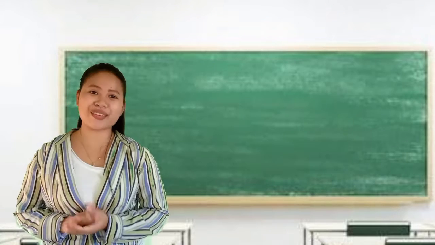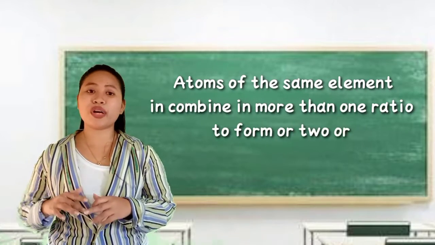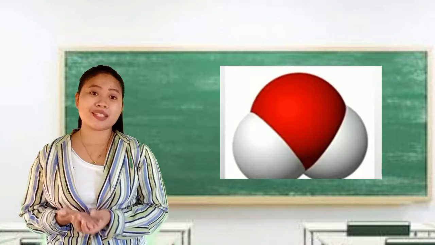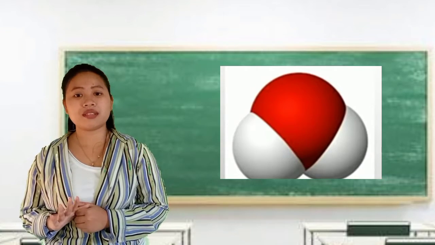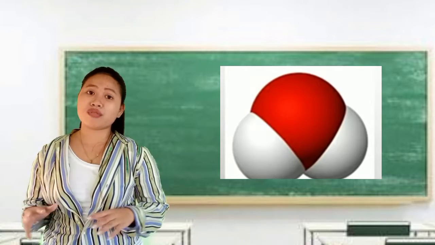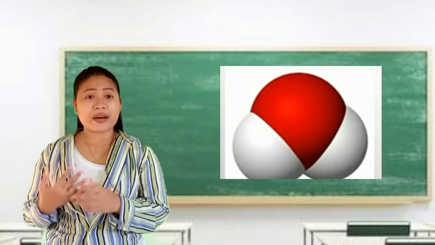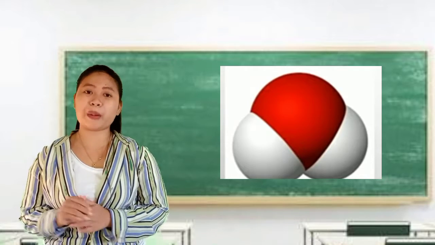Fifth postulate of Dalton's atomic theory: atoms of the same element can combine in more than one ratio to form 2 or more compounds. As you can see, this picture is an example of a water molecule. Here, in many compounds, the atoms combine in whole numbers, meaning 2 atoms of hydrogen and 1 atom of oxygen are present.